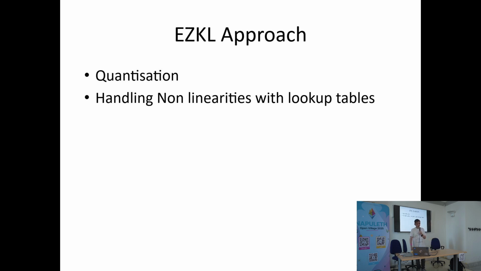The other thing that Ezekiel does is to use these things called lookup tables. This again is a technique that is used in zero-knowledge proofs, where certain computations are expensive, and you could do these in a very standard way, but a cheaper way to do them is to use lookup tables, where we put all possible outputs into a table.